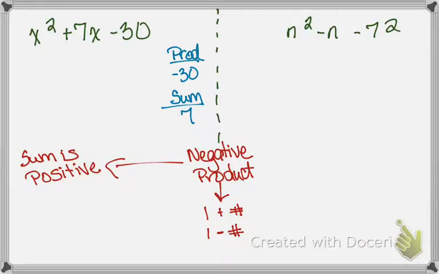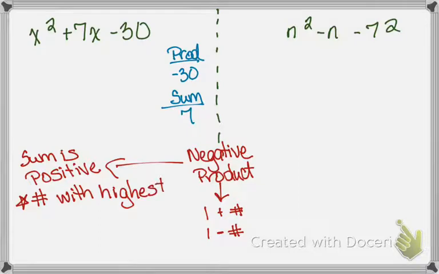Sign of the highest number. Now I'm going to add just one phrase in there. It is the sign of the number with the highest absolute value. Okay? So, what can you tell me about the number with the highest absolute value if my sum is positive? In this situation right here, I have a positive sum. Is my number with the highest absolute value going to be positive or negative? Yes.